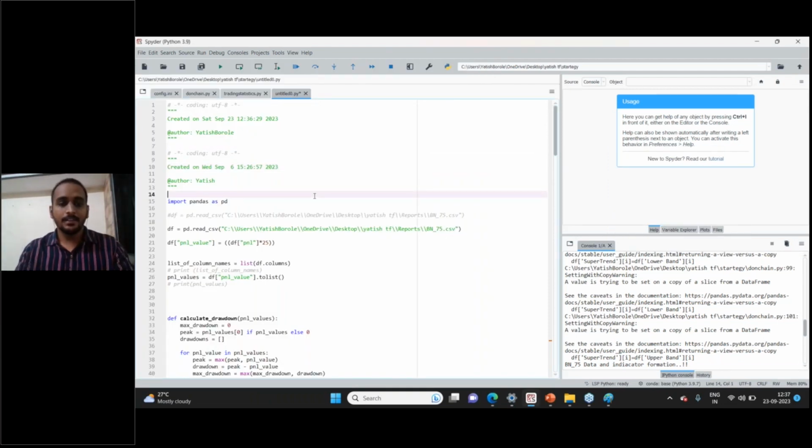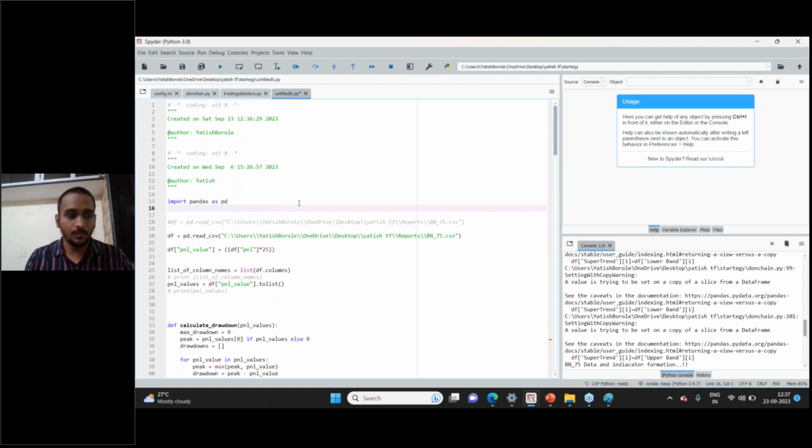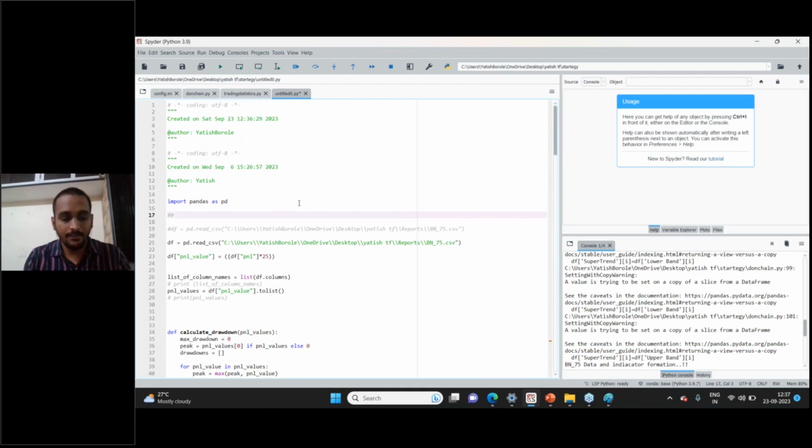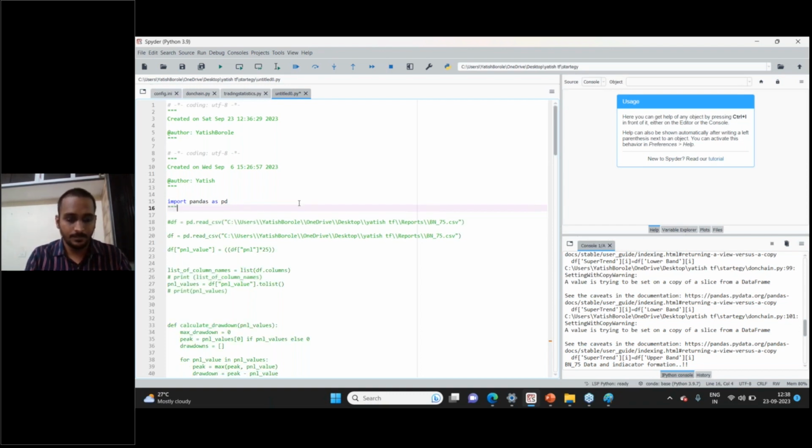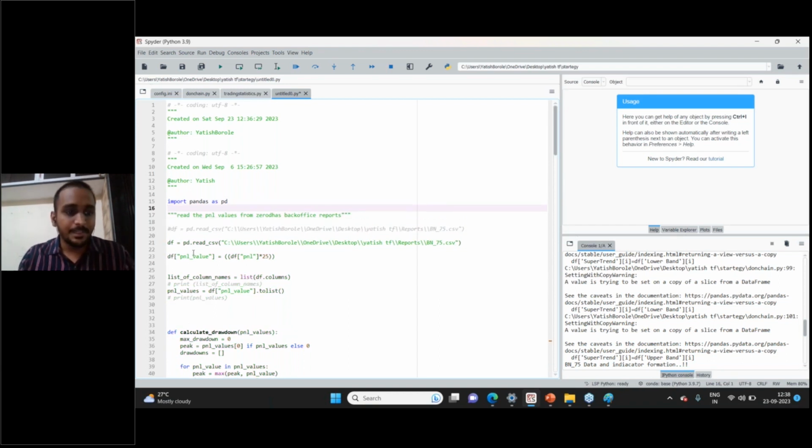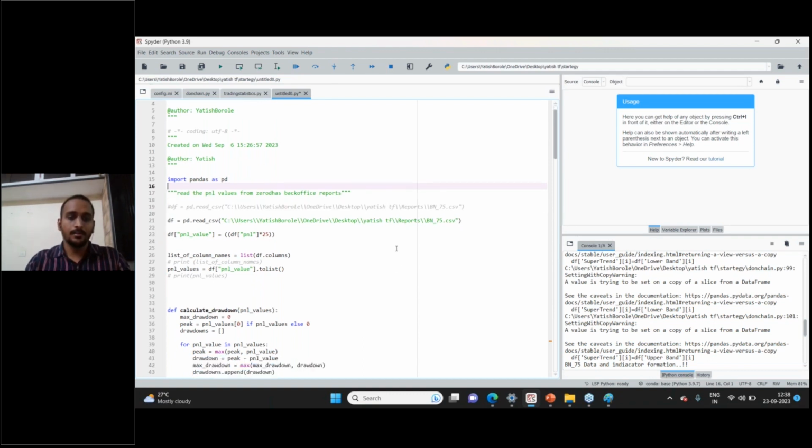I will keep commenting on all the functions, on exactly what each particular piece of code is doing for us. Over here, I have read the PNL values from the back office report. pd.read_csv is a piece of code which reads the CSV file we have downloaded.